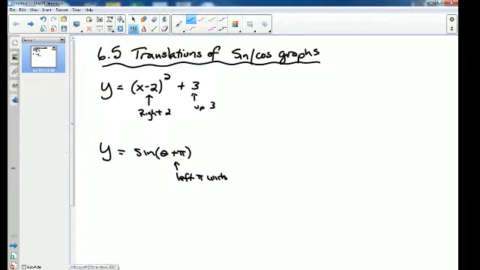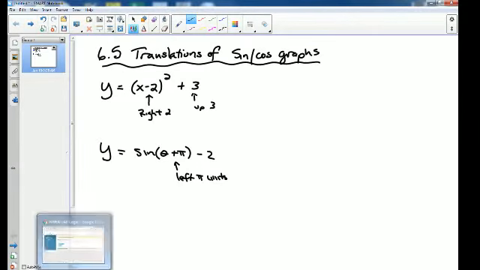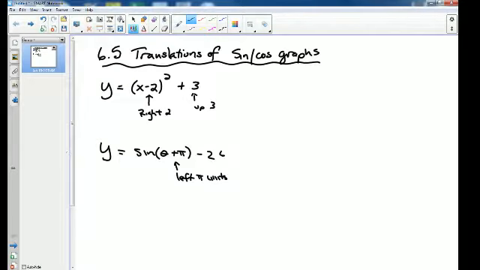So we'd shift that left pi units. What if I said minus 2 here? We're still going down 2 here, so is there an amplitude change? No, there's not. It's still 1.